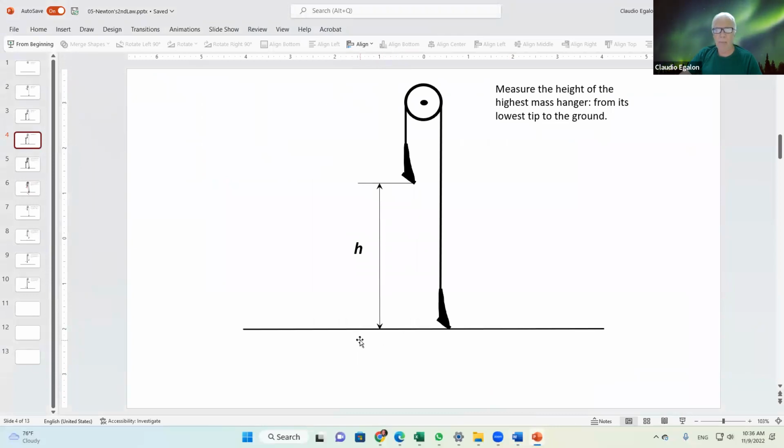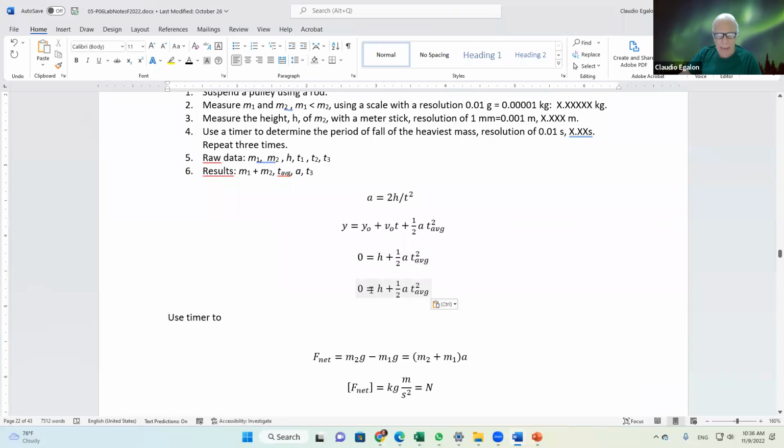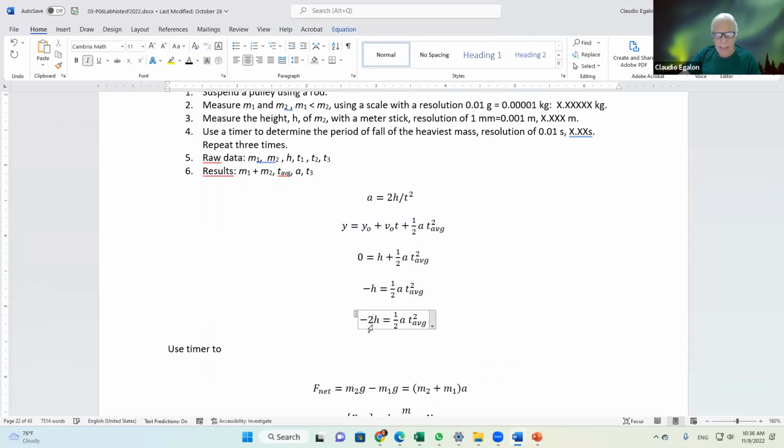The axis is upwards. Okay, yeah. So we solve that for a. We pass the h to the other side, it becomes negative. And then we solve for a: a equals 2h over T average squared. That's where that comes from, okay?